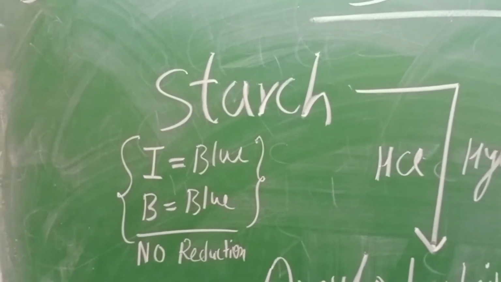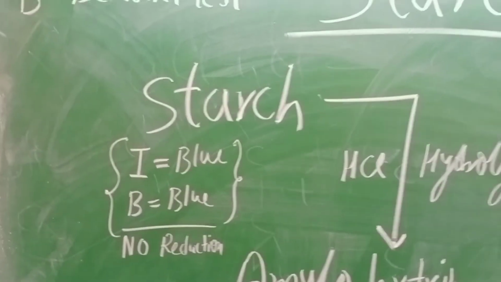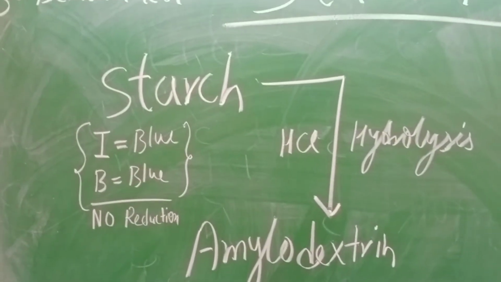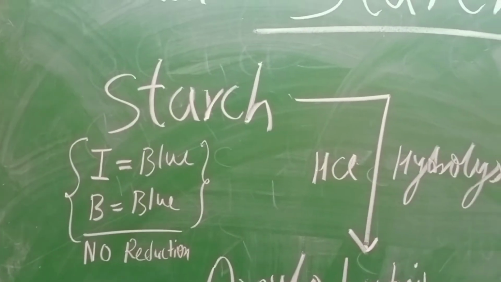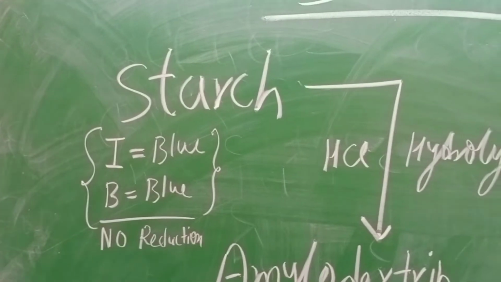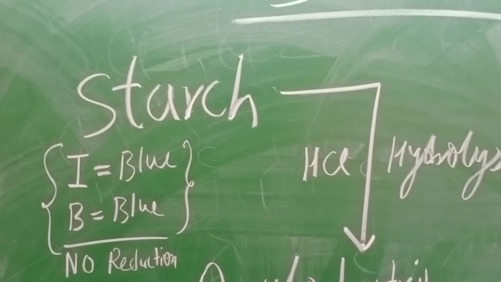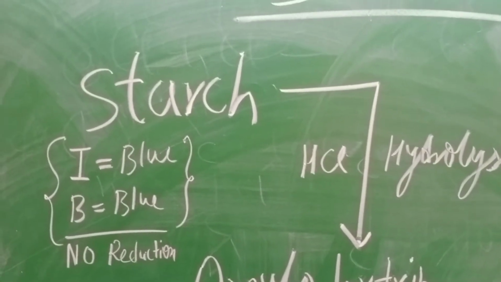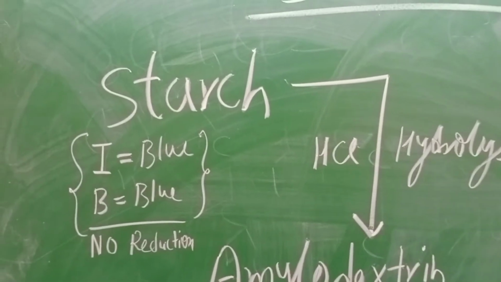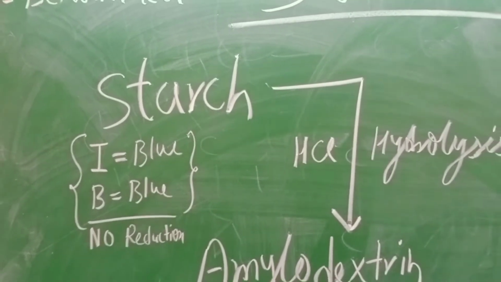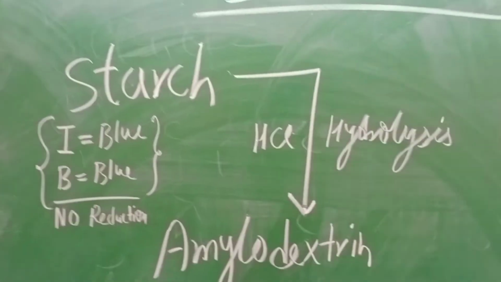The starch is formed by the monomeric units of monosaccharides which are linked together to each other in order to yield the starch molecule.